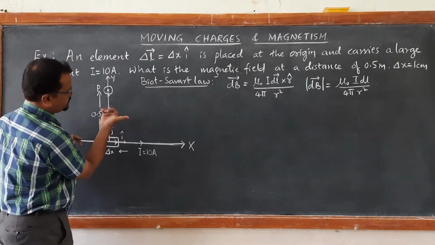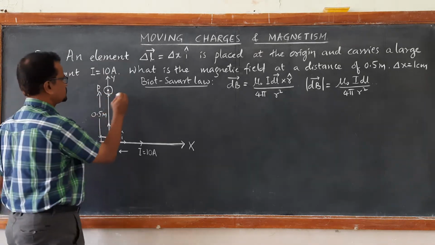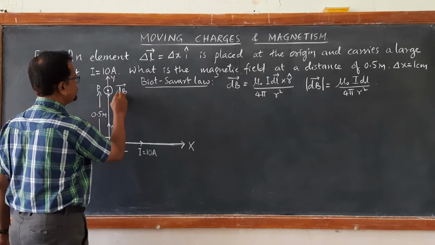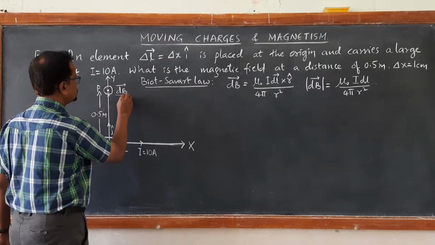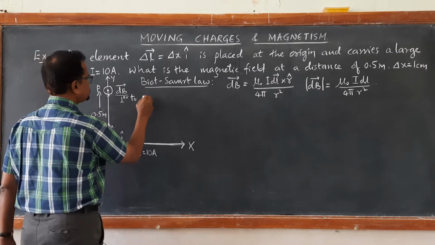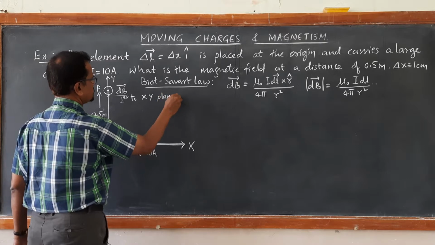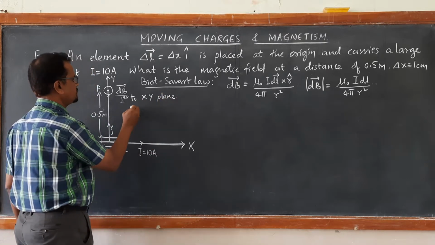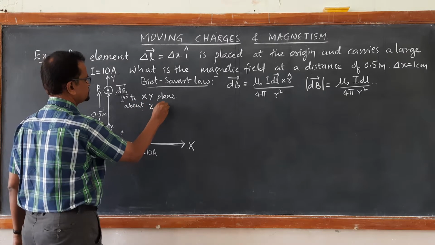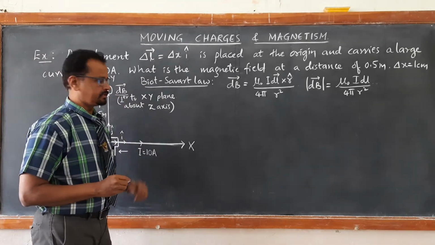That is how we find the magnetic field pointing perpendicular to the plane of the board. So, this is giving you dB perpendicular to the xy plane. In this case it is the xy plane, so it is implying that it is acting about the z axis, from the diagram, from the convention.